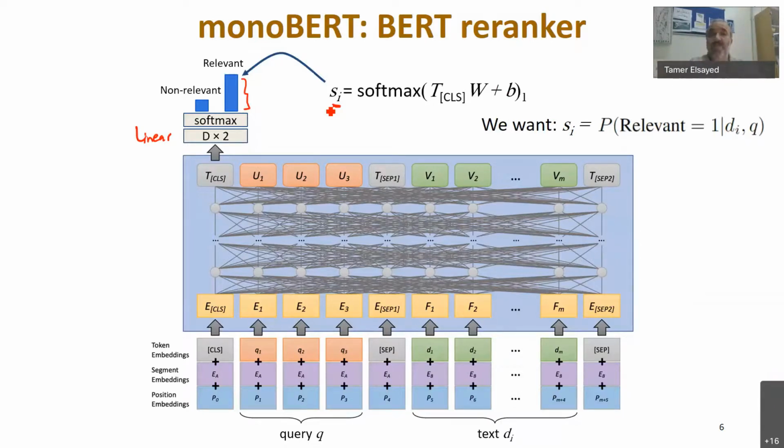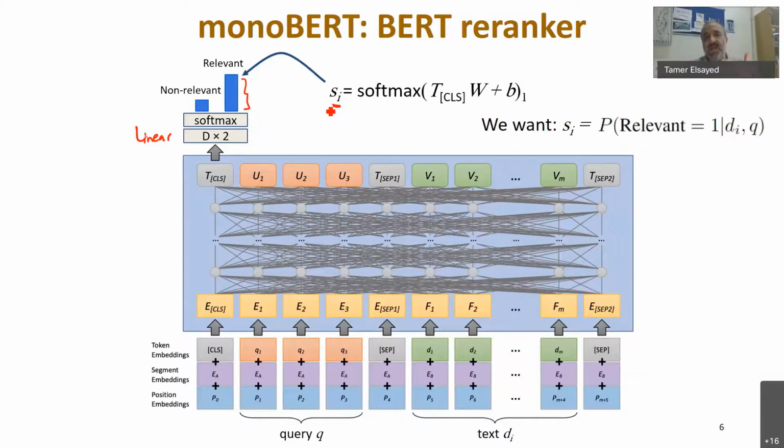So this ranking task was viewed as a classification task. We fine-tune BERT based on that and get a new fine-tuned model. At the time of retrieval, what will happen? We run BM25, for example, and get a list of documents.